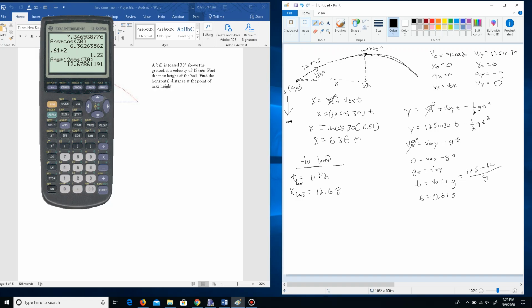Now, if it wasn't even, I'm going to show you what you would do to find the time to land. And this is where your y equation will come in. So if you're landing at the same height here, that means your y is 0 at this spot you land. So we can say, well, 0 equals 12 sine 30 t minus 1/2 g t squared. And so we can find the time this way. Move the 1/2 gt over.